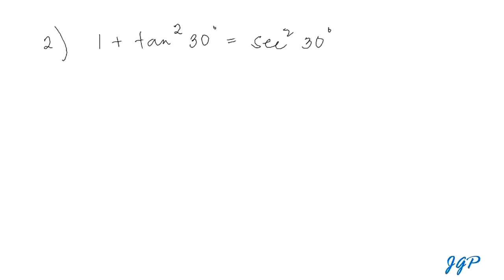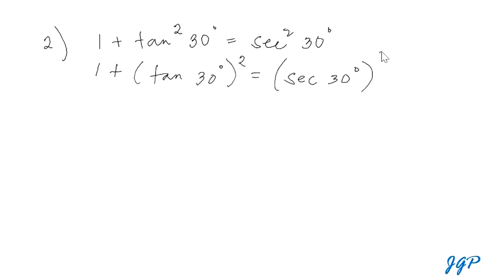Okay, number 2, we have 1 plus tangent square root of 30 degrees equals secant square root of 30 degrees. So, ang una natin gawin is change natin si tangent at saka yung secant natin. So, we have 1 plus tangent 30 degrees and then squared natin equals secant 30 degrees and then squared natin.